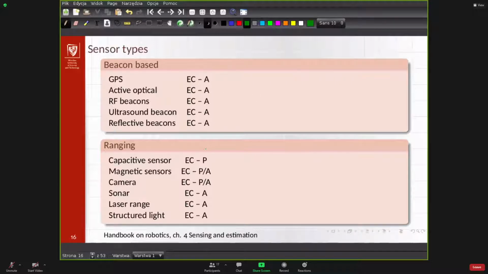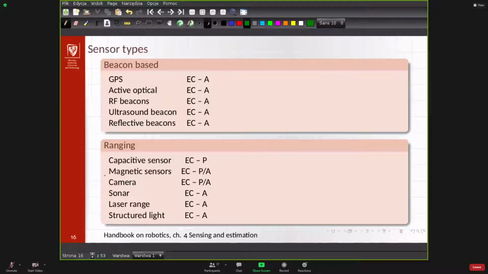Then you can have ranging sensors, again working on different rules, and you can think that they are quite similar to the proximity sensor, but when we say proximity sensor, we say only a binary output: there is an object or there is no object. It's like working like a detector, yes or no. When we say ranging, we get the information about the distance.